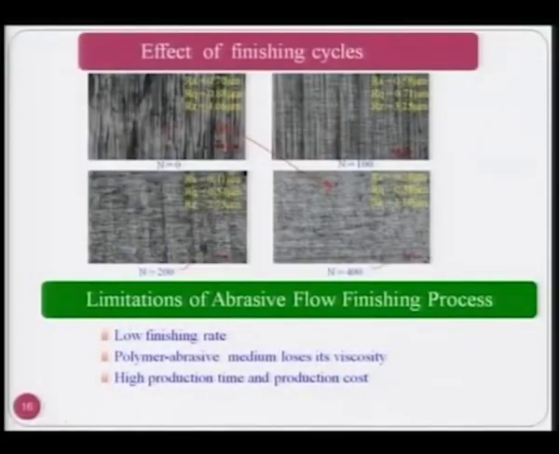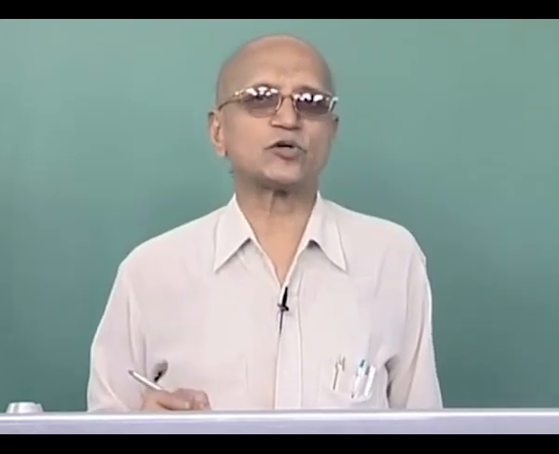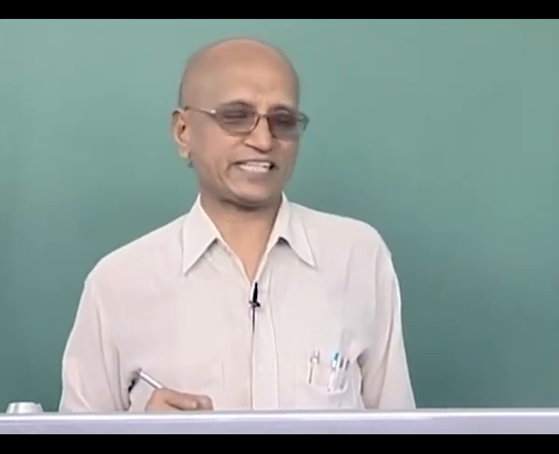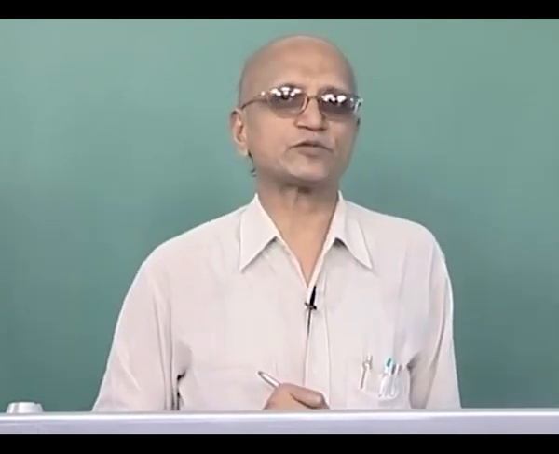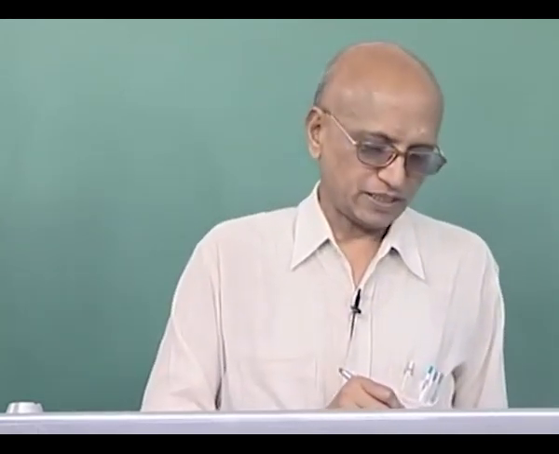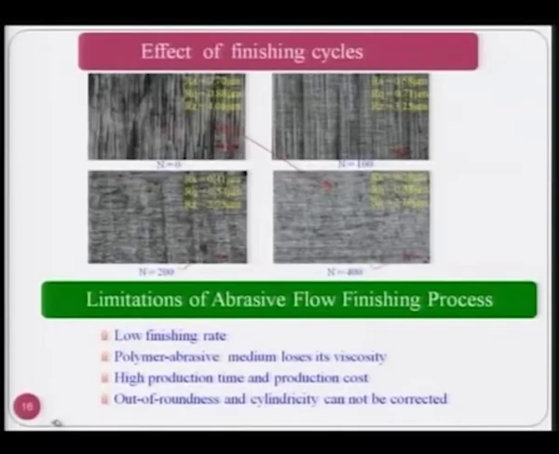Its production time is high, and the cost of finishing is also high, because the medium supplied by the earlier Extrude Hone, now Kennametal, is quite expensive. So a lot of research has gone into developing a new type of abrasive flow finishing medium at IIT Kanpur. Also, out of roundness and cylindricity cannot be corrected to a large extent.